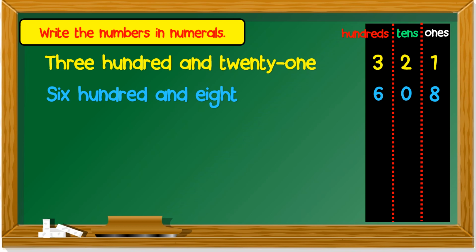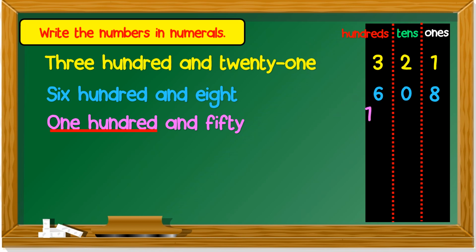Next example, 150. Look for the hundred. How many? 1. So in the column for hundreds, we write 1. How about tens?